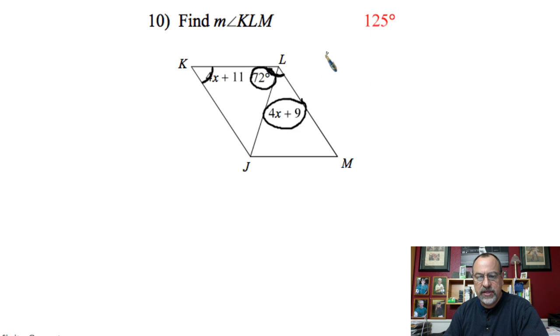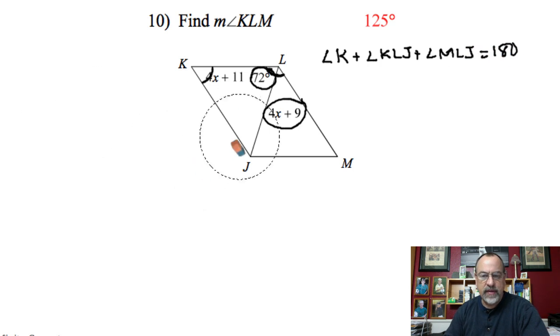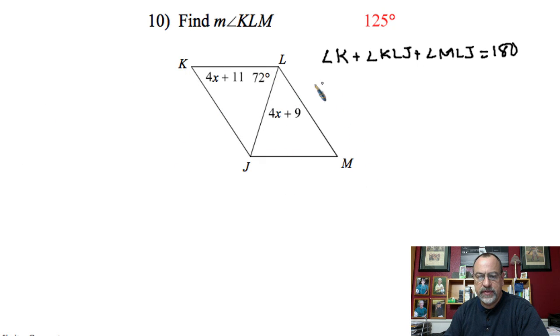Alright, so geometrically speaking then, angle K plus angle KLJ plus angle MLJ is going to be equal to 180 because those three angles together make up the two consecutive angles of the parallelogram. Then we can substitute in our value.